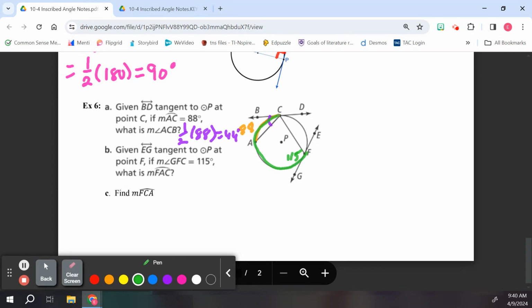Now we can find everything right here, F to A. No, wait, I'm sorry. Never mind. Scratch that. We have this angle and we have this entire arc. This is tangent, which means this whole arc is going to be 2 times 115, which leaves us with 230 degrees.